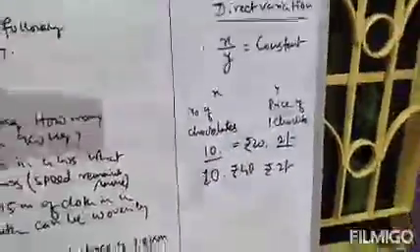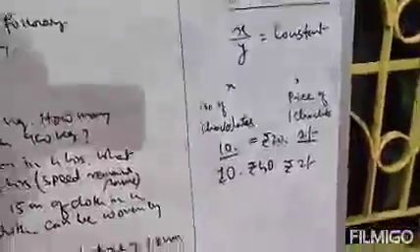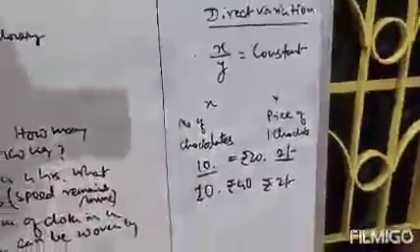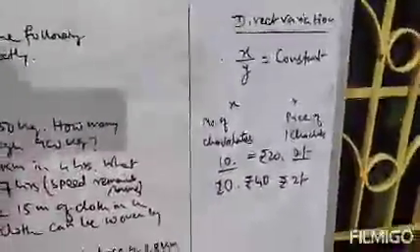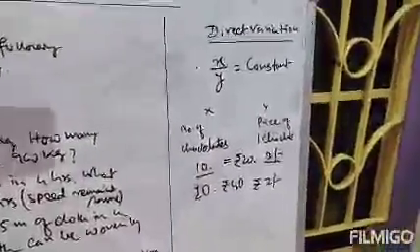That means the number of chocolates increases and the total price will also increase. If the number of chocolates increases, then price will also increase. That means it is also a case of direct variation. That means if x increases, y will also increase. Clear?